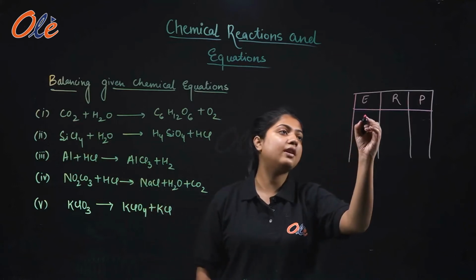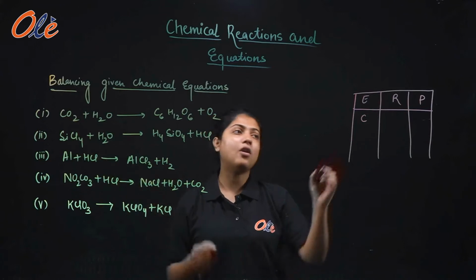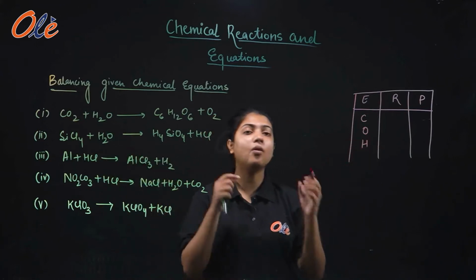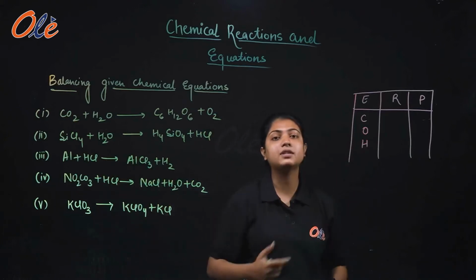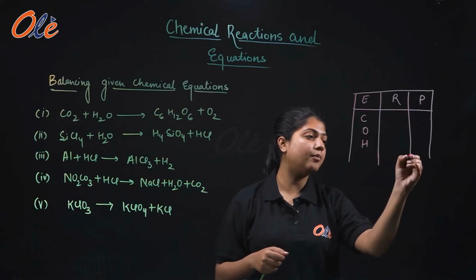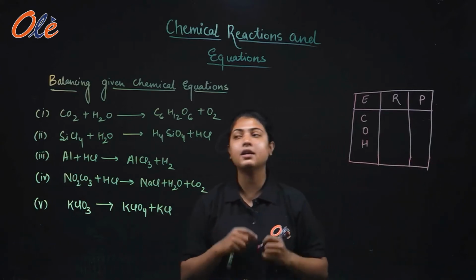In the section of elements, the symbol is carbon for C and oxygen, then hydrogen. So only these three elements are present in the given reaction. Now write the number of atoms present in the reactant side and in the product side.